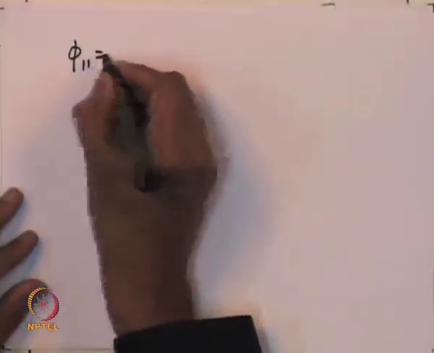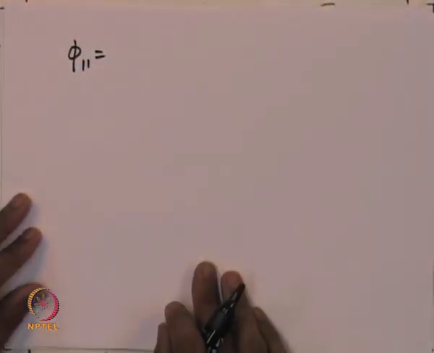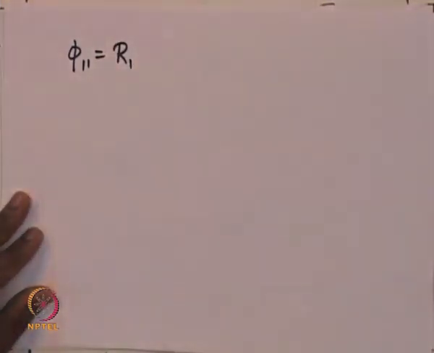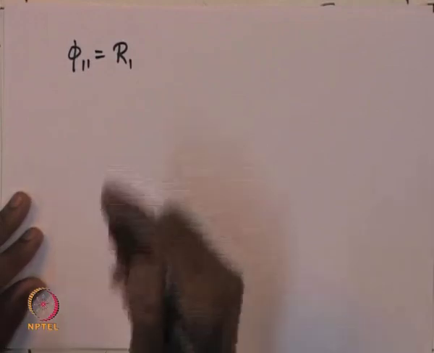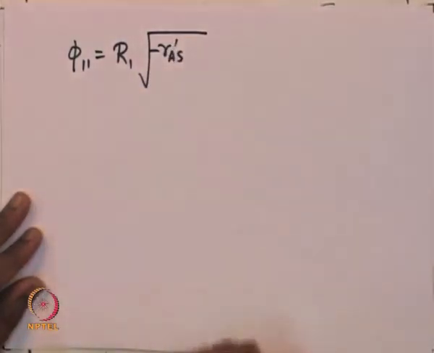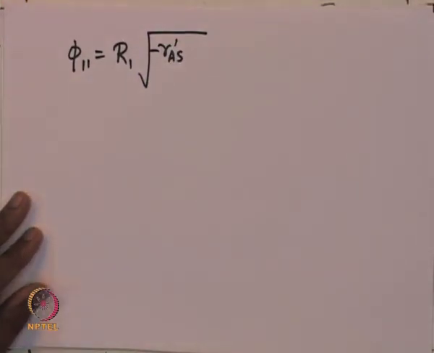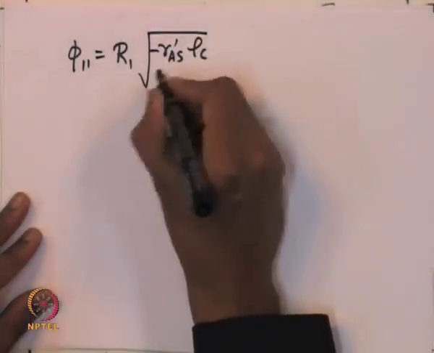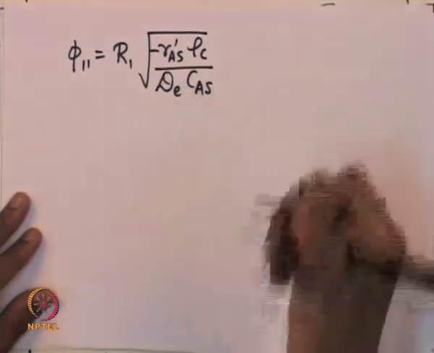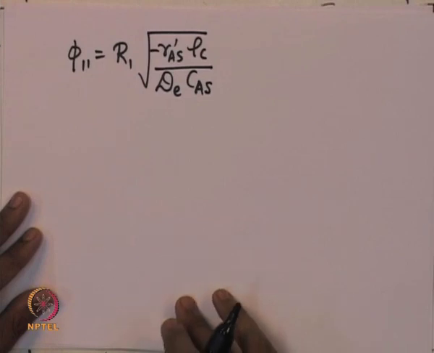So, now let us look at the expression for the Thiele modulus. phi 1 1, which is the Thiele modulus for the first order reaction for the first experiment, is given by R 1, which is the radius of the pellet, multiplied by the square root of minus R A S, which is the reaction rate as if it were conducted at the surface concentration, multiplied by rho C divided by the diffusivity into the concentration of the species at the surface.